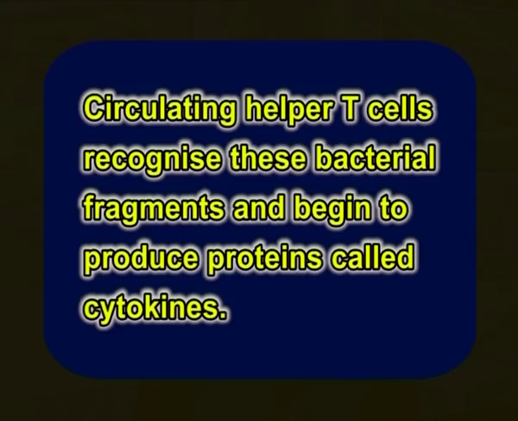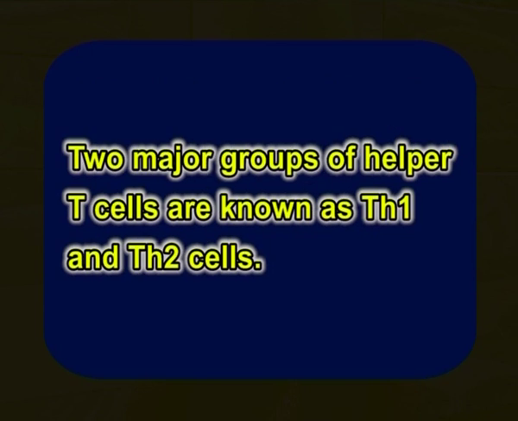Circulating helper T cells recognize these bacterial fragments and begin to produce proteins called cytokines. Two major groups of helper T cells are known as Th1 and Th2 cells. These cell types differ in the types of cytokines they secrete.